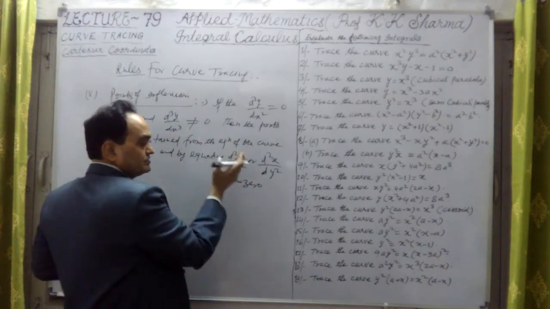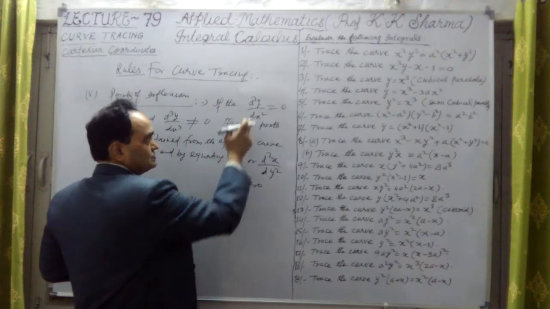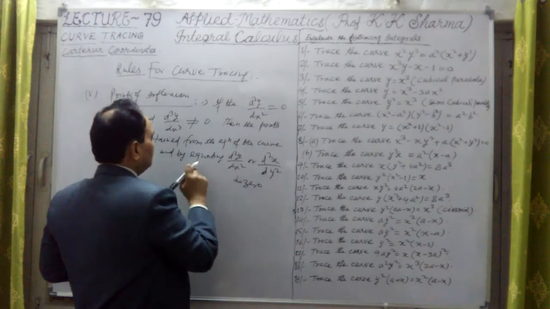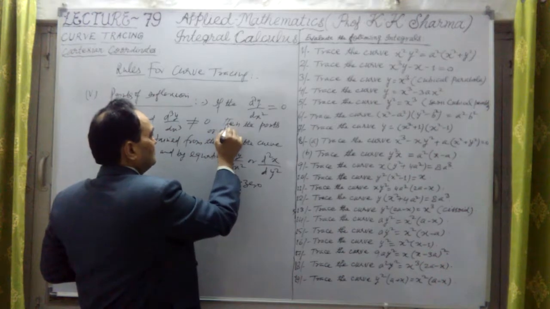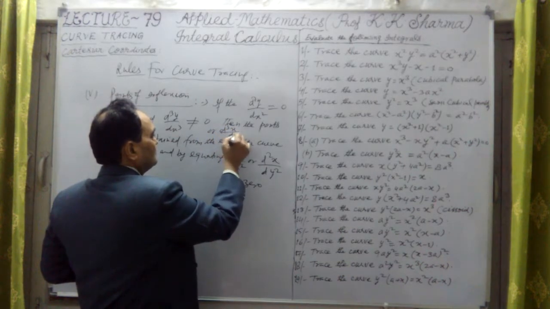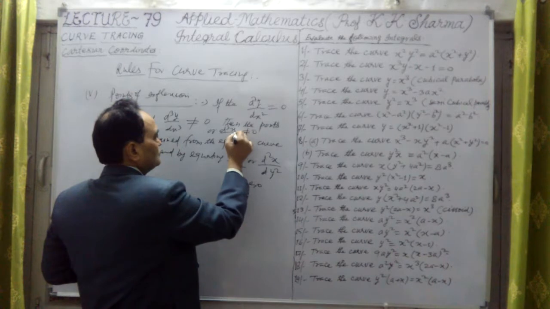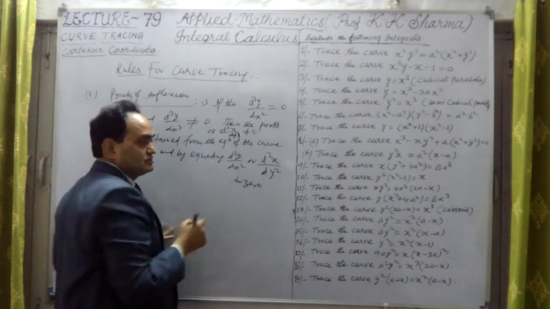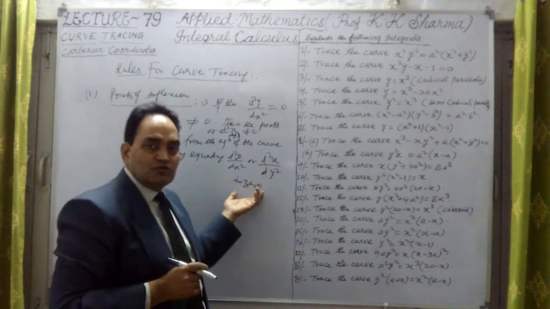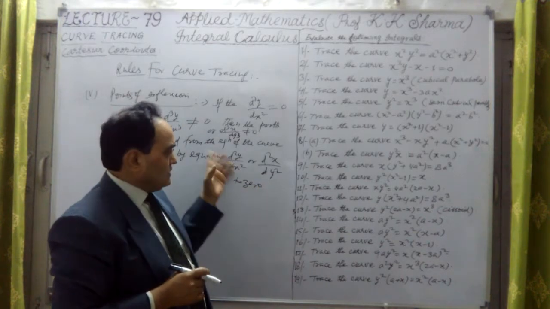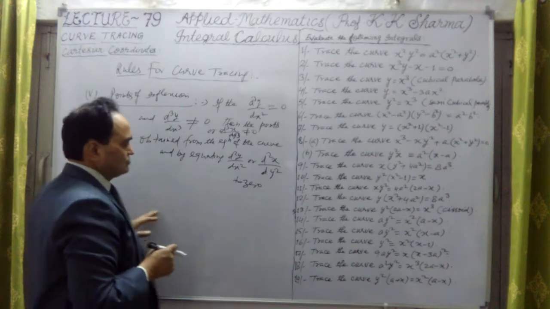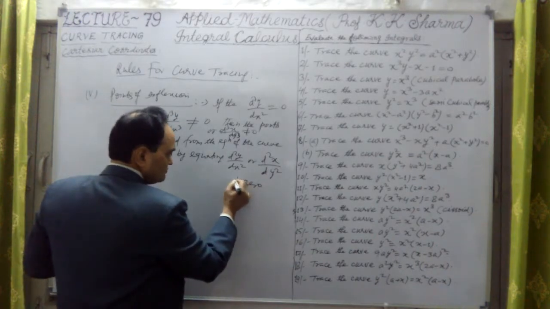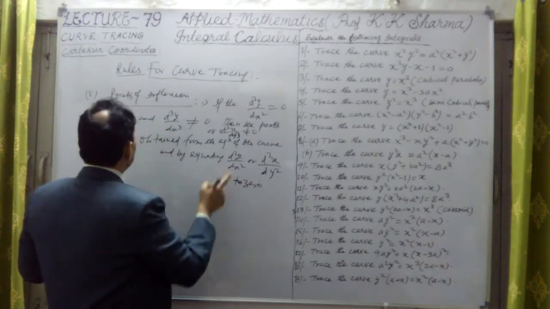From this we will obtain some points, and at that point the value of d cube y upon dx cube, or d cube x upon dy cube, is not equal to 0. If we are able to prove that they are not equal to 0, that means a point of inflection will lie there. Points of inflection will be there in that situation. This is also, we will try to understand, sometimes this is also defined.